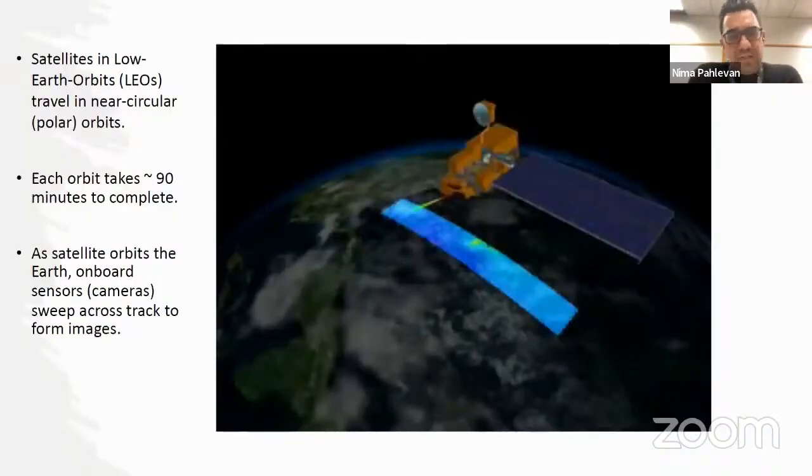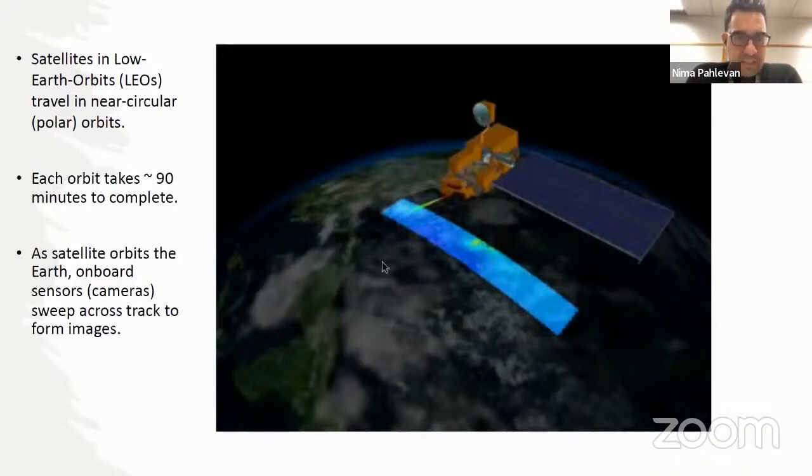Essentially, my intention here was to show how a satellite captures dynamics of water quality across the globe over open ocean, coastal, and inland waters. Generally, we tend to use satellites that are placed in low Earth orbits. These are near circular orbits or polar orbits.